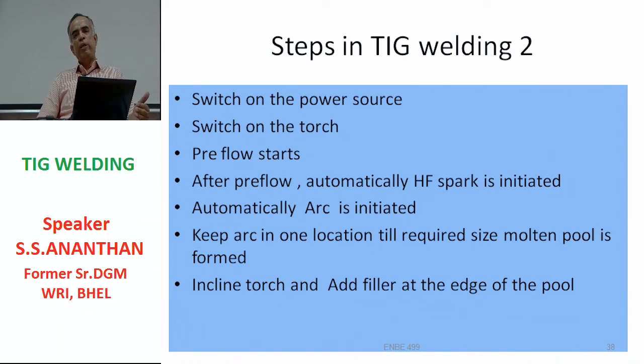This pre-gas flow is normally given for 5 to 15 seconds, so that the entire air which was there earlier is totally purged off, only argon is available, and the arc is initiated. Once the pre-gas is completed, the HF spark is initiated automatically. In the case of manual welding, where the sequencing controls are not there, these things are done manually.